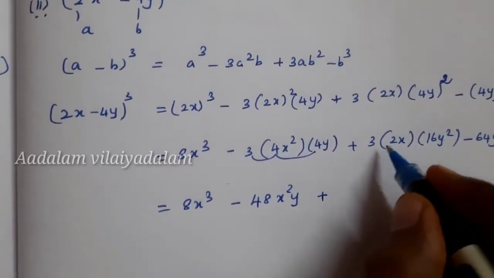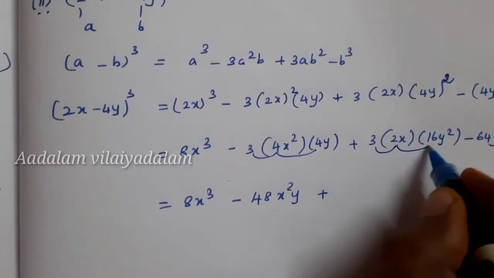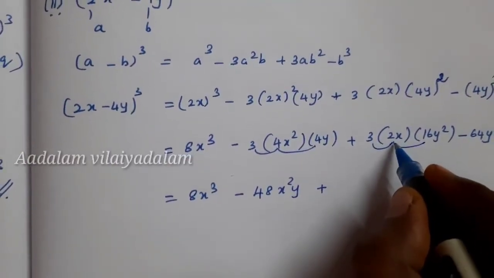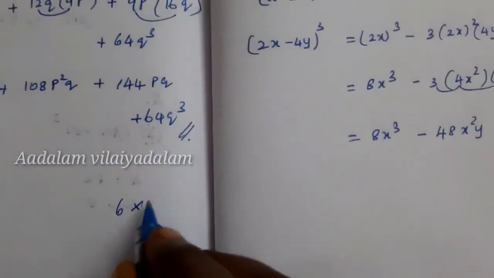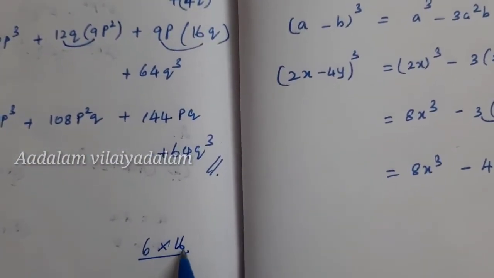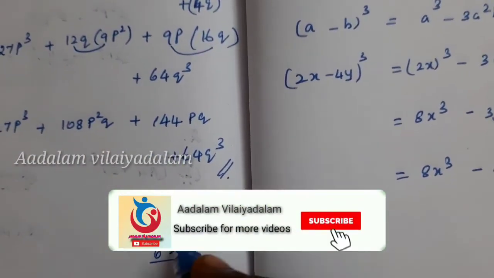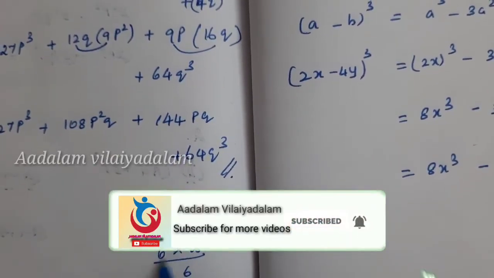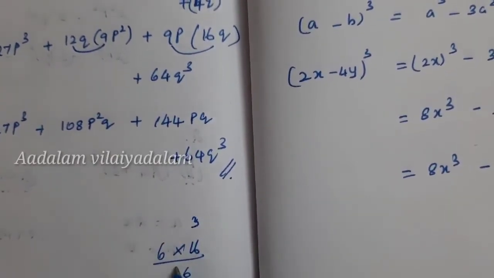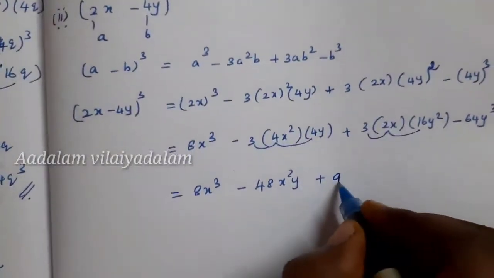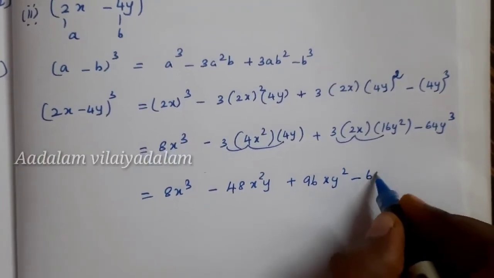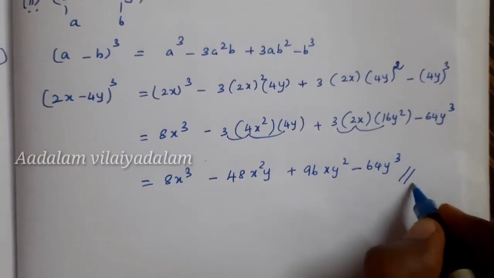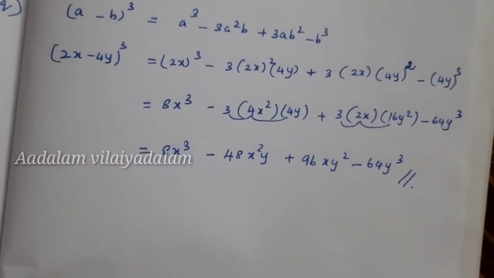Then multiply the numbers 3 2s are 6 and 6 16s are 6 into 16 we get 36, carry the 3, then 6 1s are 6 plus 3 equal to 96. Then 96xy square minus 64y cube, which is the answer for this second subdivision.